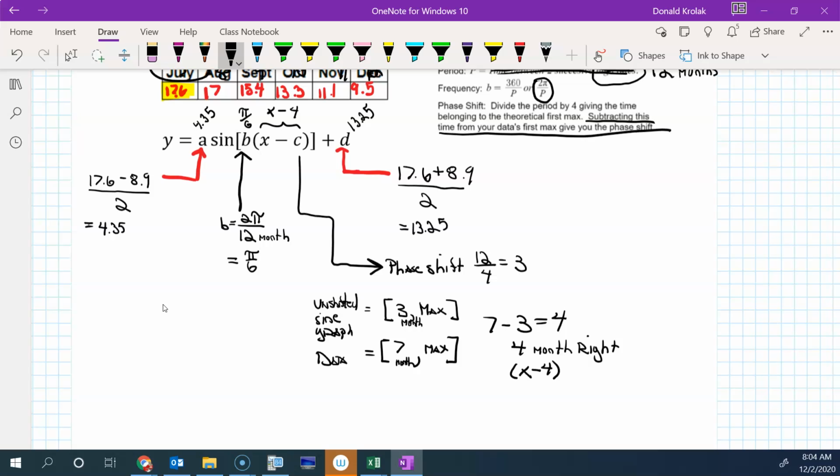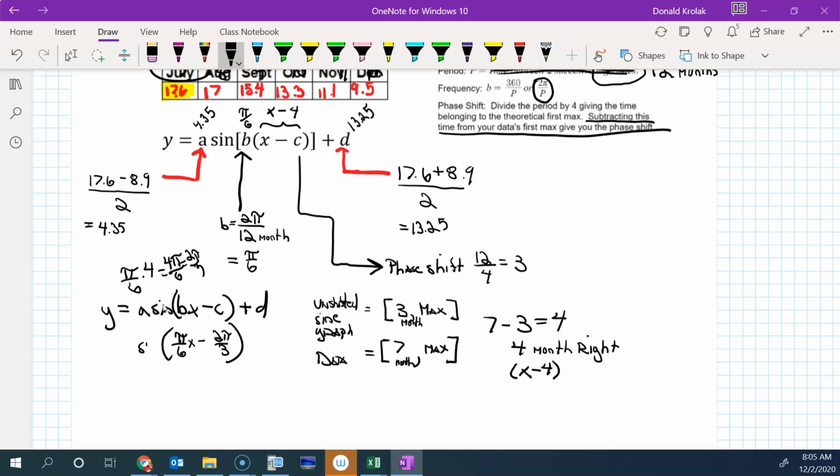The difference between these two forms: if you look right here, plus d, if it said write it in this form instead of this one, then what you would do is go pi over 6 times x, and you would do pi over 6 times 4, which is 4 pi over 6, or 2 pi over 3, minus 2 pi over 3.